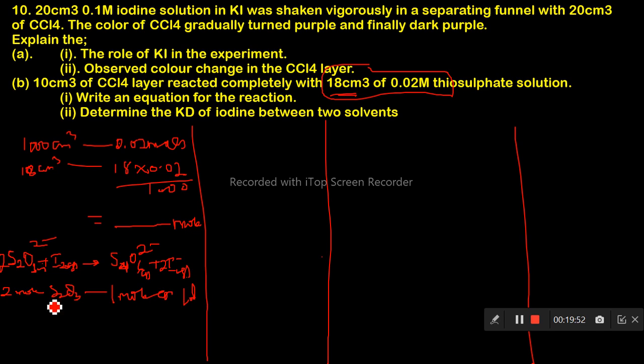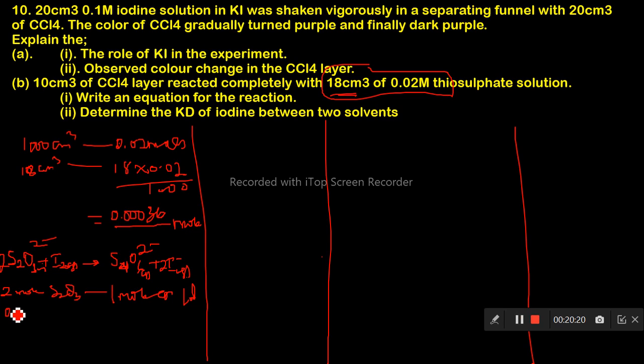So if we divide, how many moles do we have? It is 0.00, there are 3 zeros, and then 36 moles.